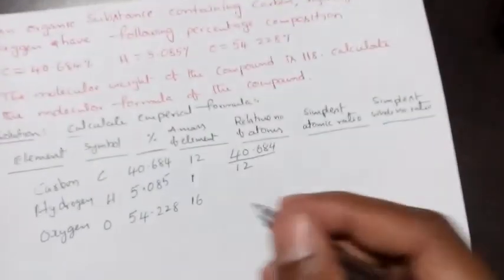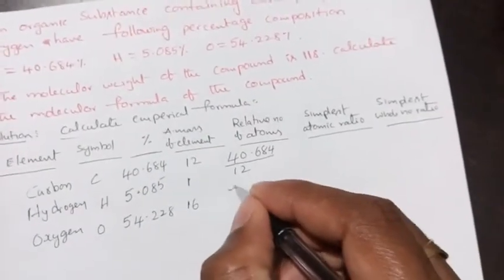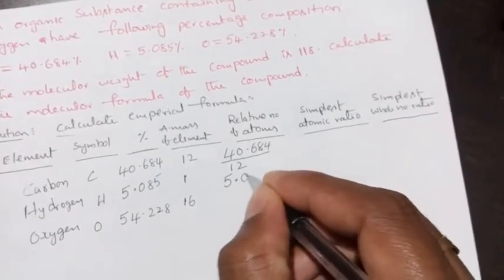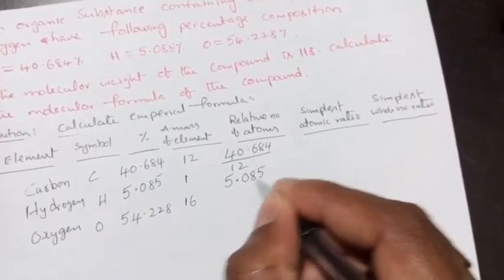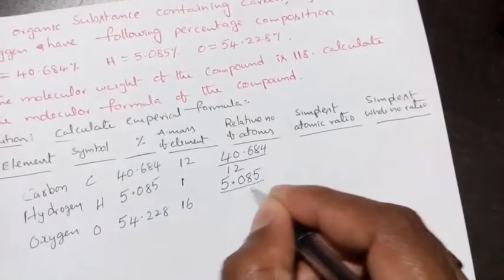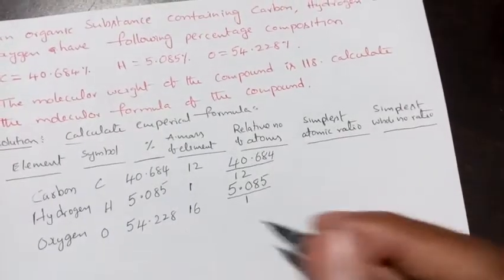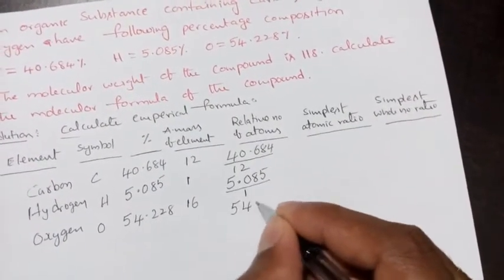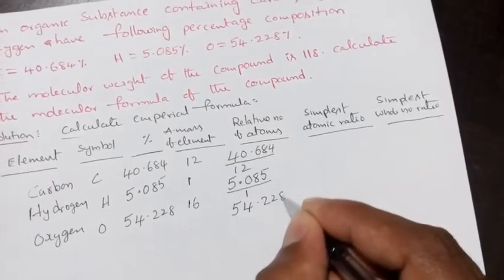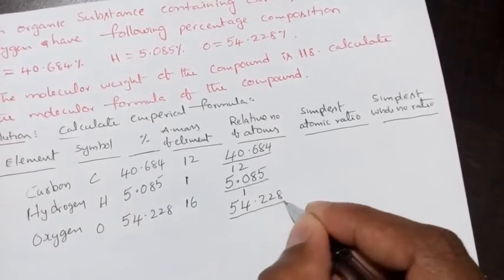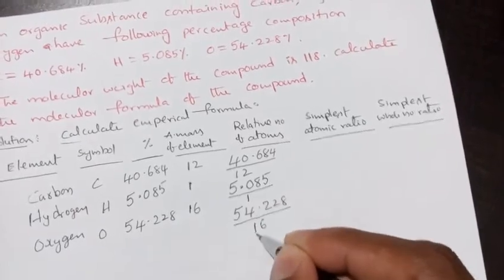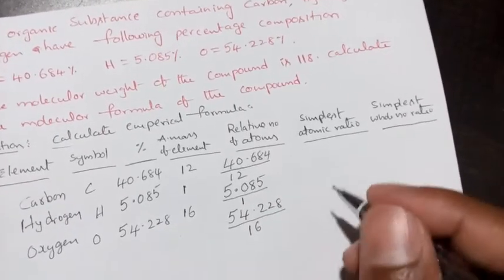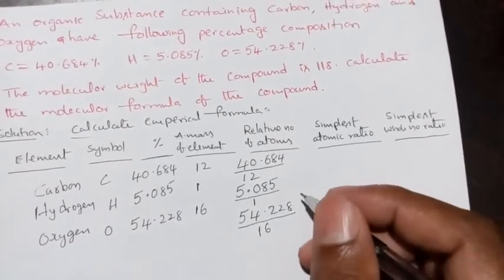Similarly, for hydrogen it is 5.085 by 1. Similarly, for oxygen it will be 54.228 by 16. On calculating this, we will get the values.